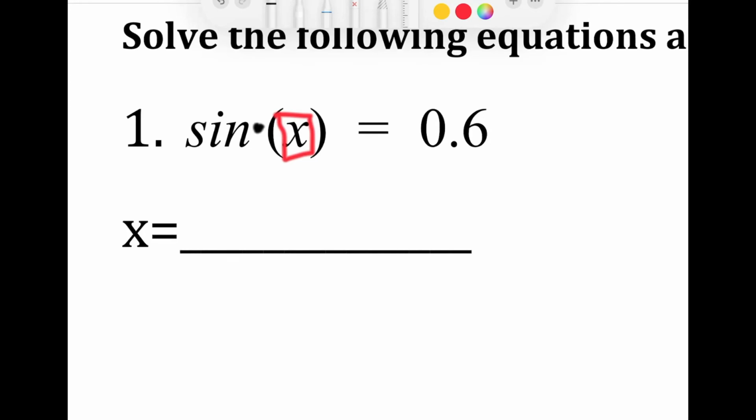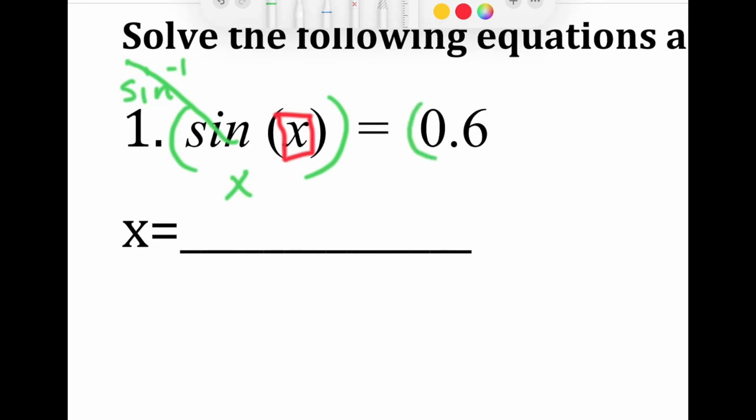So to get rid of sine, our inverse operation of sine is inverse sine. So we're going to take the inverse sine, which is sine with that little -1, and that gets rid of the sine. And we're just left with x on the left side.